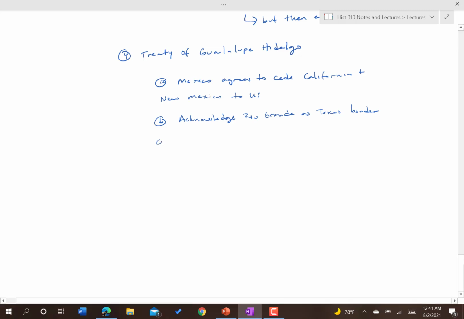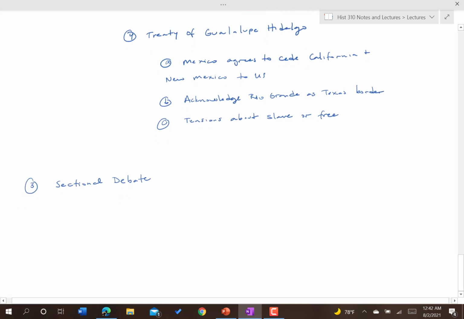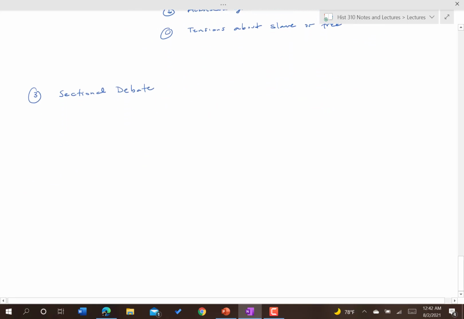What this ultimately creates, of course, is the tensions about slave or free. But now you have multiple places coming in. The war ends and you gain all this territory, but what comes with it is massive sectional debate and crisis that just continues to snowball from this.